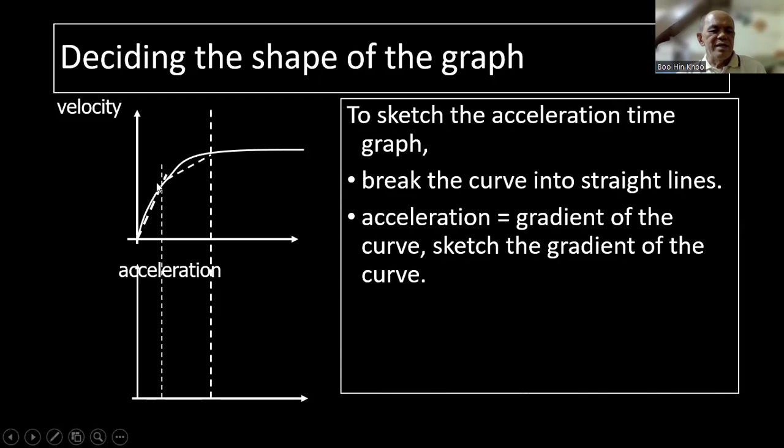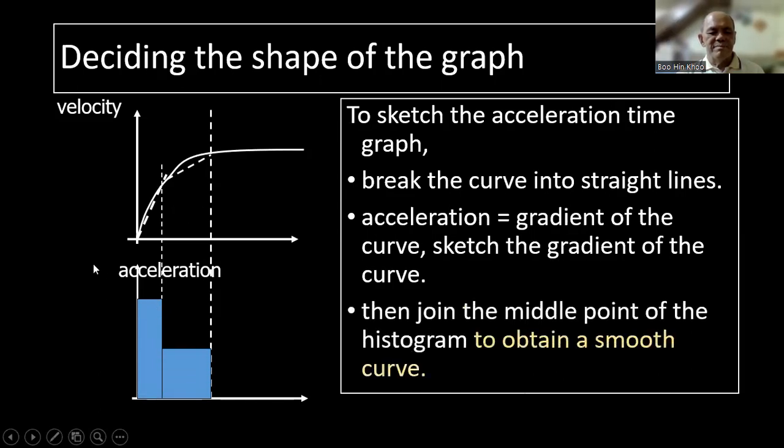So if it's a straight line, the velocity time graph gives acceleration. So this is a steep slope, the high acceleration. A smaller slope means smaller acceleration. So we take the middle point and draw the graph. Right? So that's how we approximate roughly how the graph looks like.